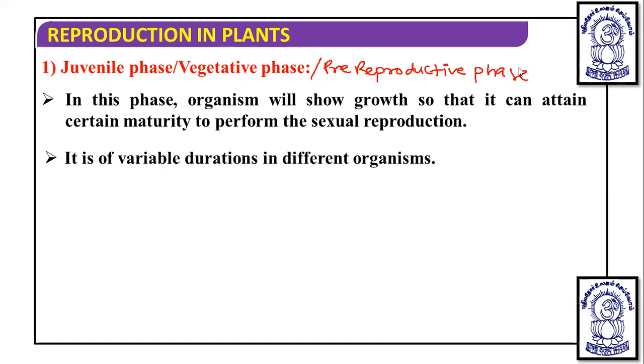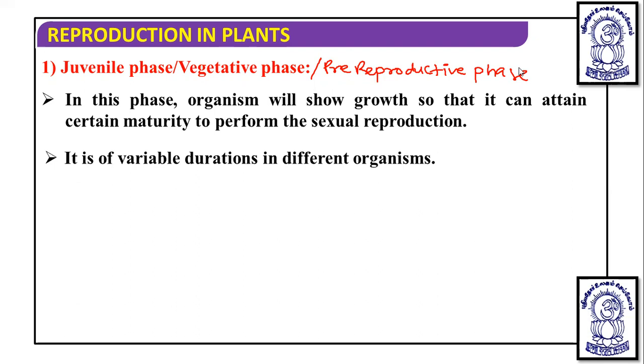It is usually a growth phase during which the organism grows and tries to attain the maturity to perform sexual reproduction. But here they have not developed the capacity of reproduction.